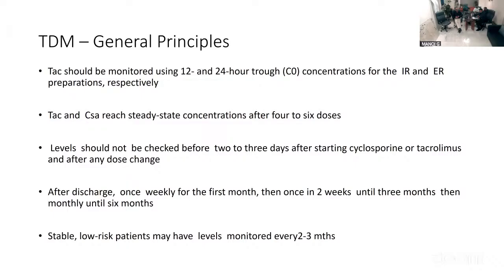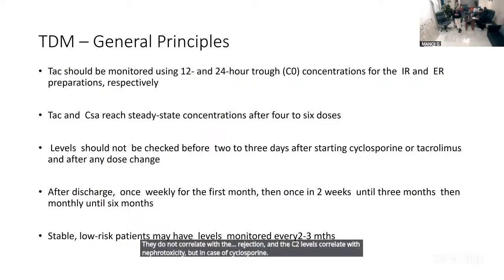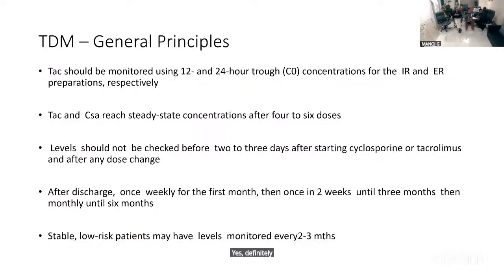Next is therapeutic drug monitoring. We all know that with tacrolimus, the C2 levels do not correlate with rejection, but correlate with nephrotoxicity. But in the case of cyclosporine, yes, definitely the C2 levels correlate with rejection.